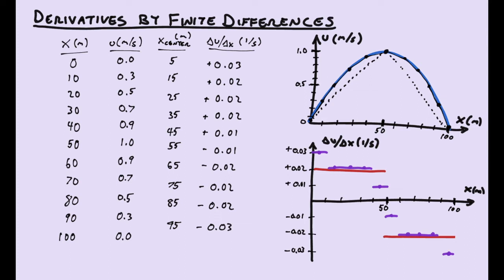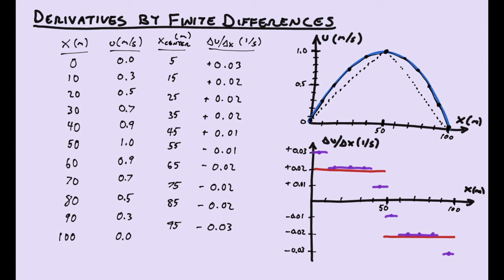That means the first value of delta u over delta x is positive 0.03 1 over seconds. And for the next 3 values of delta u over delta x, I calculate 0.02 1 over seconds. They're not exactly the same actually, but from the precision that I can tell from this sketch, that's what I get.